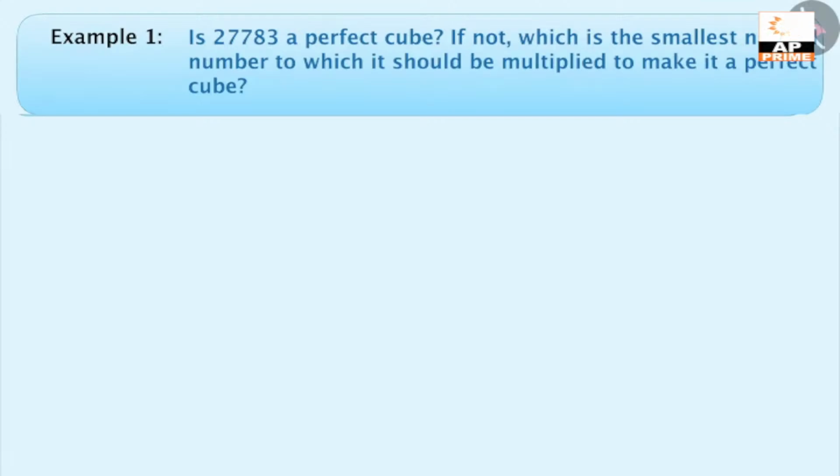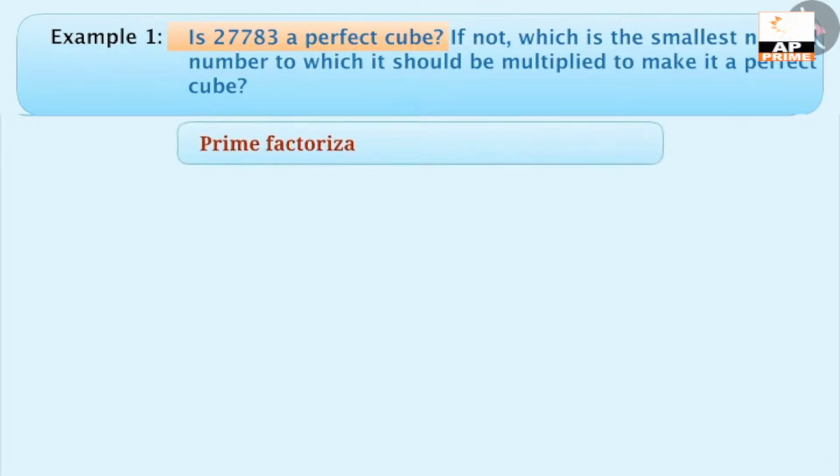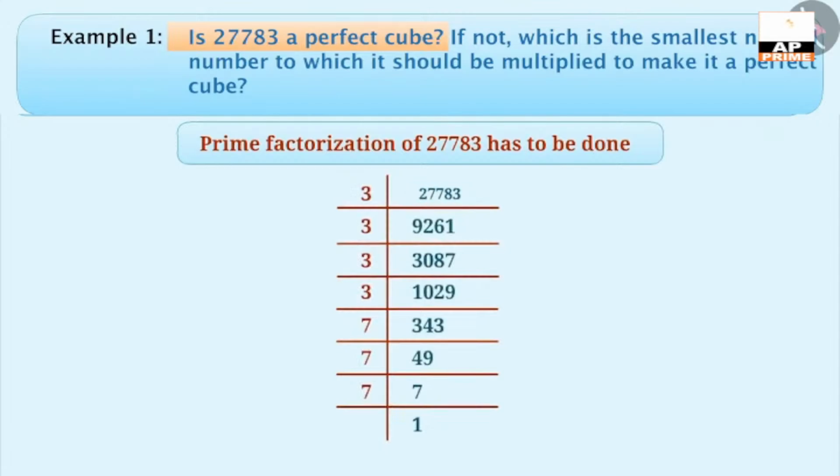For this, we have to do the prime factorization of 27,783. In this method, we divide the given number by prime numbers until we get a prime number or 1. Like here, we will divide 27,783 by 3, 3, 3, 3, 7, 7 and 7 respectively.